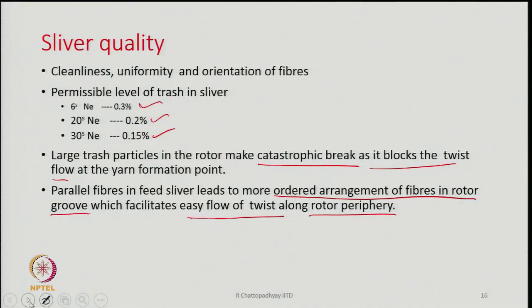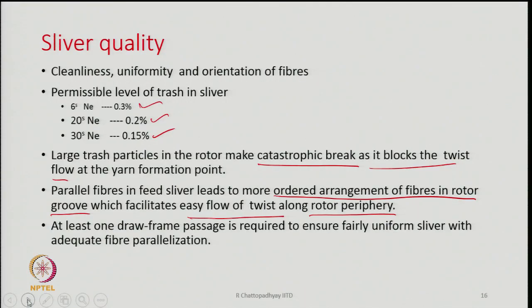So, just to avoid too many breakages, we have to give at least one passage of drawing. Two passages also could be better, but at least one passage is always beneficial.